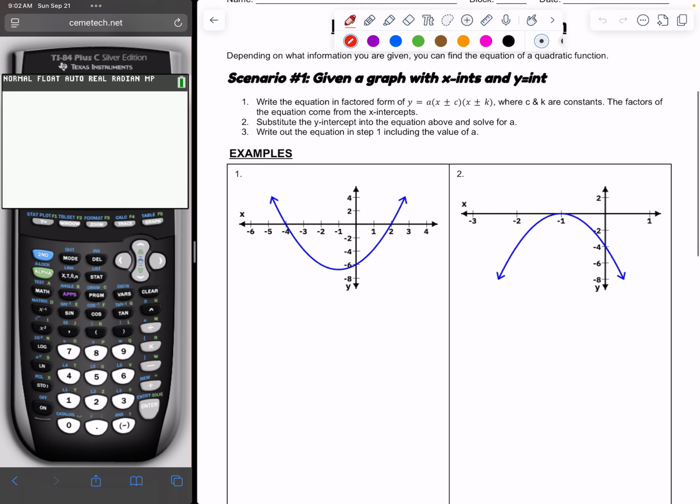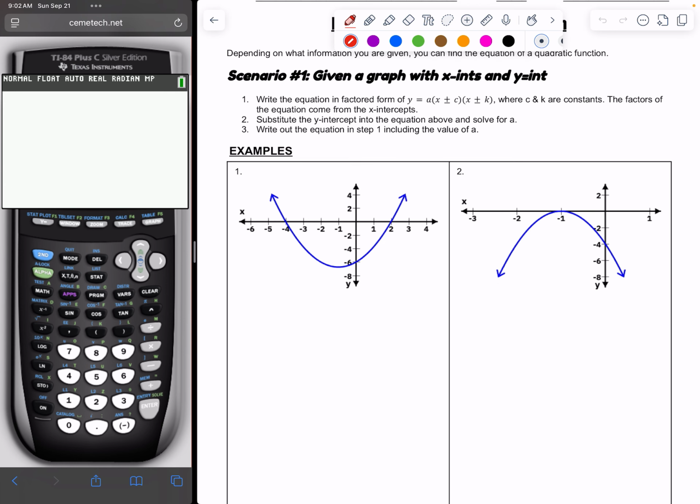As you can see here, we have two x-intercepts. We have -4, and we have +2. So those x-intercepts are x equals -4 and x equals 2.